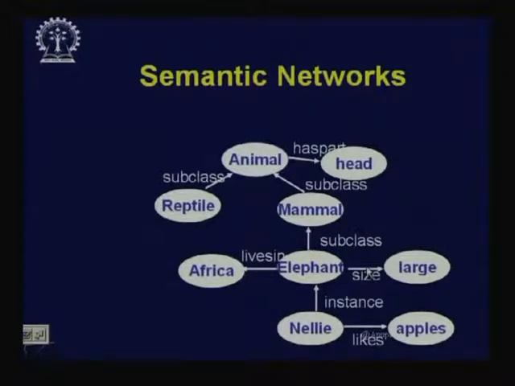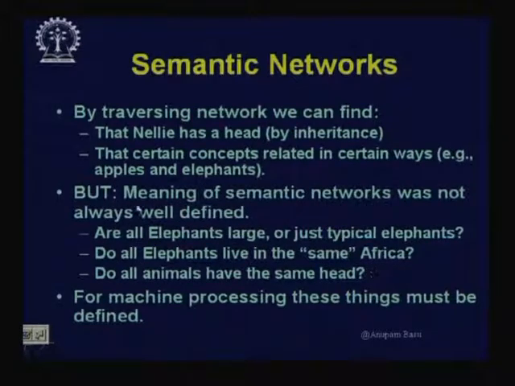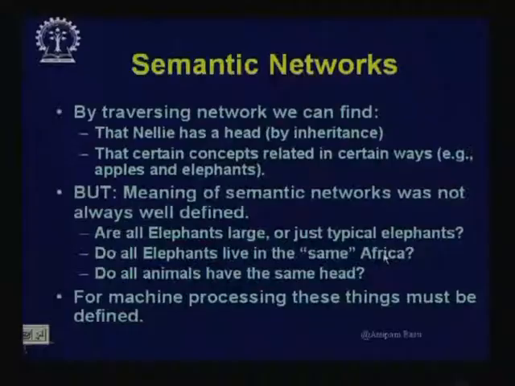We have got no other option here. Do elephants live in the same Africa? Such are complicated meanings which we may like to ponder on. Now, when we really write a program that will perform such inferences, we cannot allow such ambiguities, and we will have to do away with them.